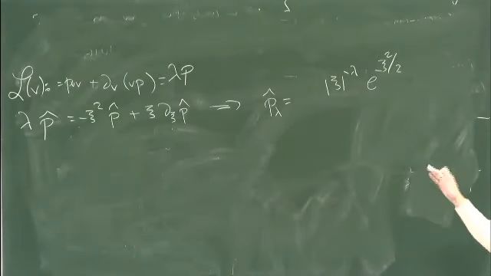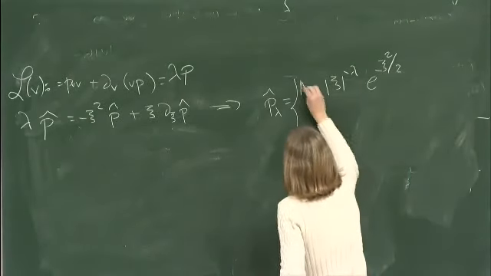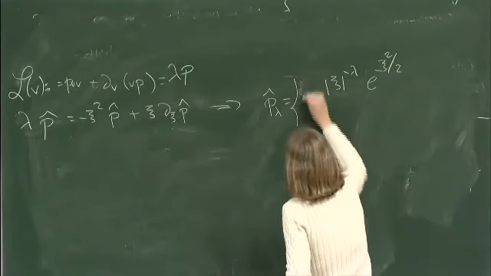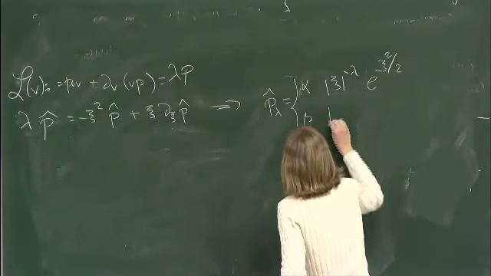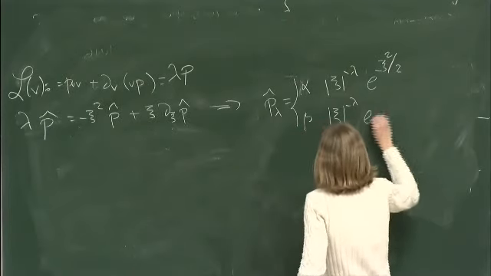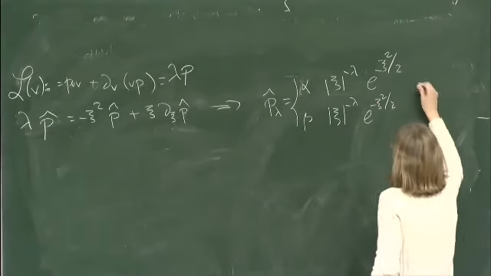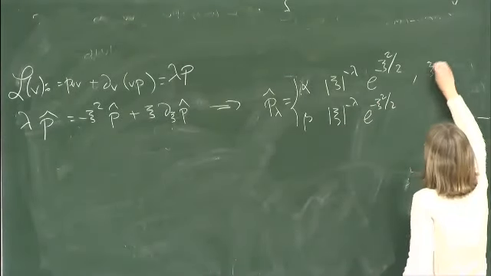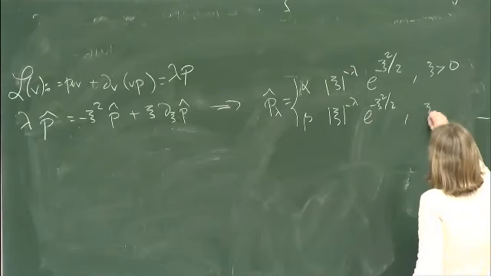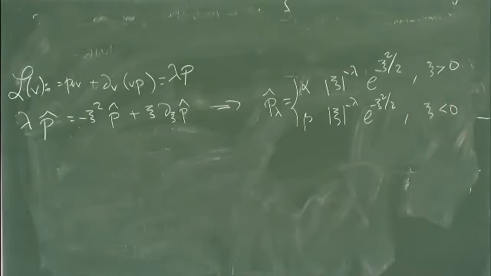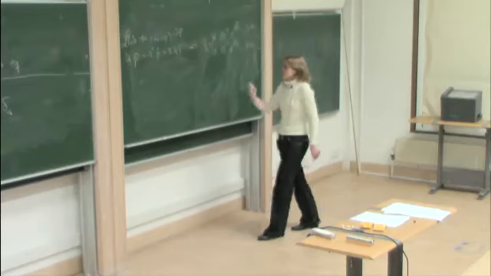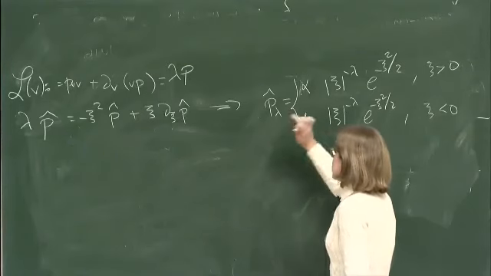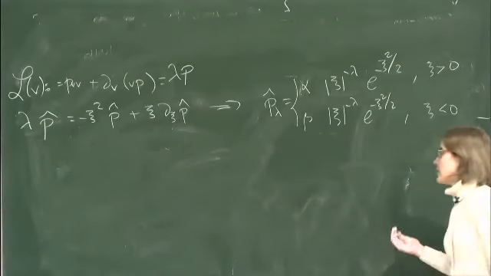Now, because this is going to give you some troubles at the origin, you need to split, you can put two constants. This is for positive C, and this is for negative C. If you Fourier back, you obtain the corresponding eigenfunction for the eigenvalue lambda.